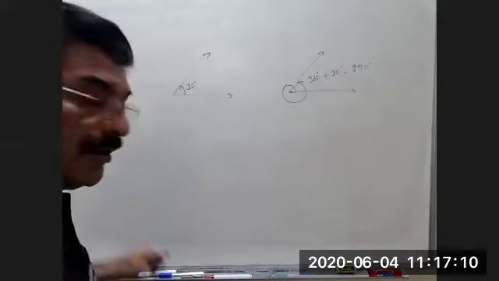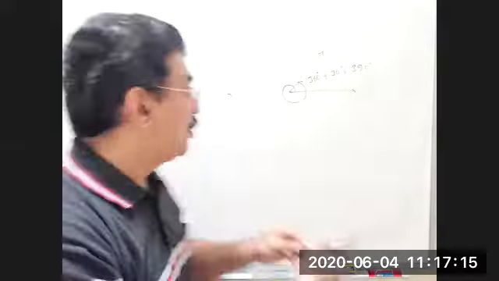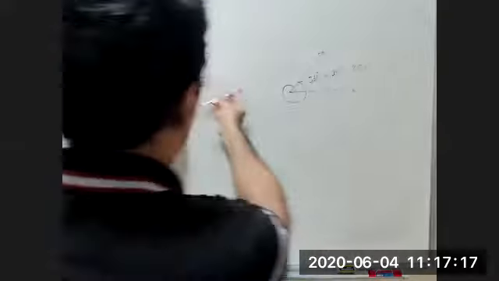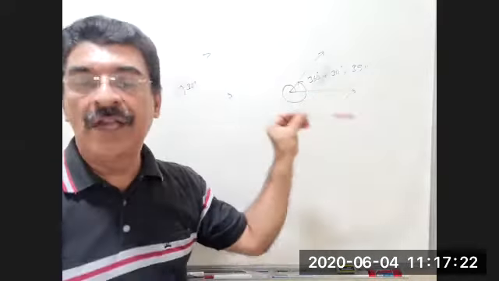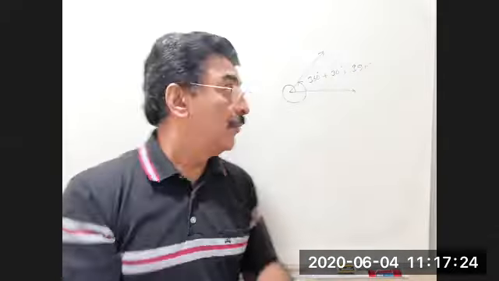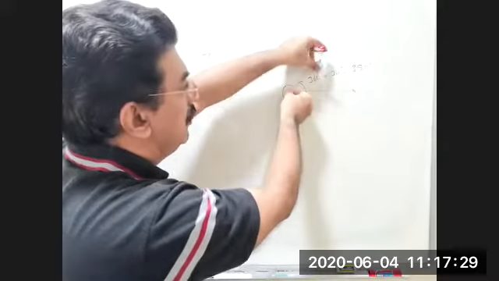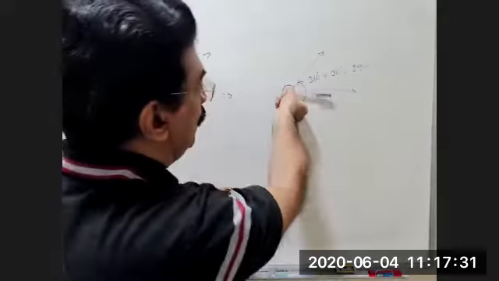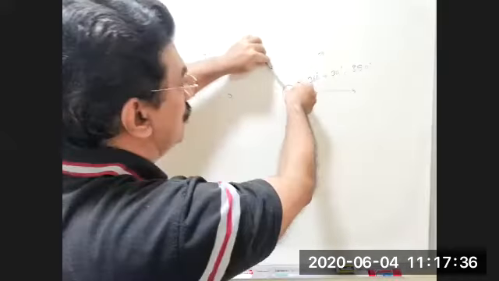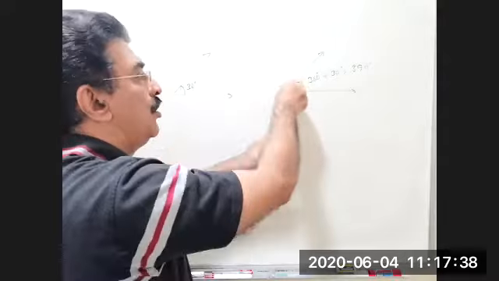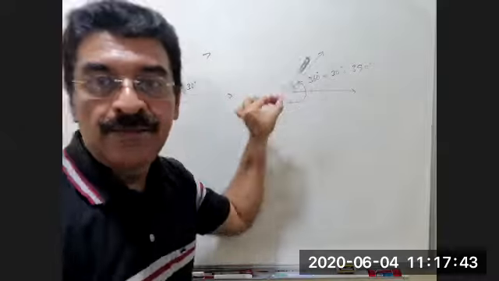See that? The position of the terminal ray for 30 degrees and 390 degrees is the same. But how do we get this 390 degrees? From the initial position, it took a revolution, goes on, goes on, comes to 360, and again came up, now 390.